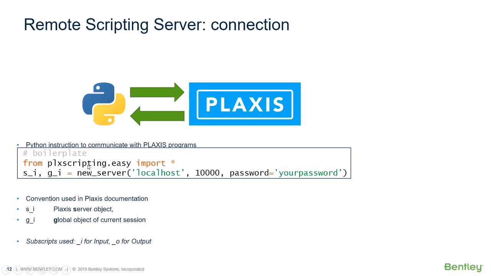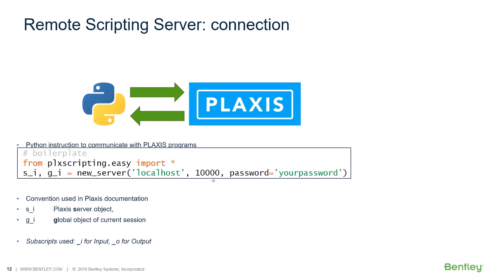We have to import the plxscripting.easy library, so we can quickly reuse the options in the program. And then we have to set up what we call a new server object from this plxscripting.easy library. It has three parameters: the localhost, which is basically the PC that you're running Plaxis on; the port number, which you assign the communication over.